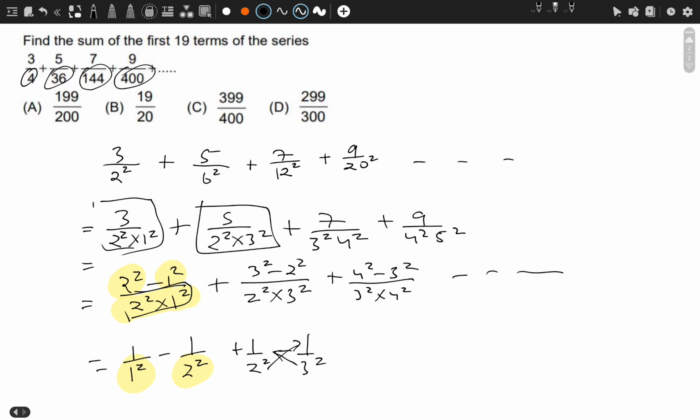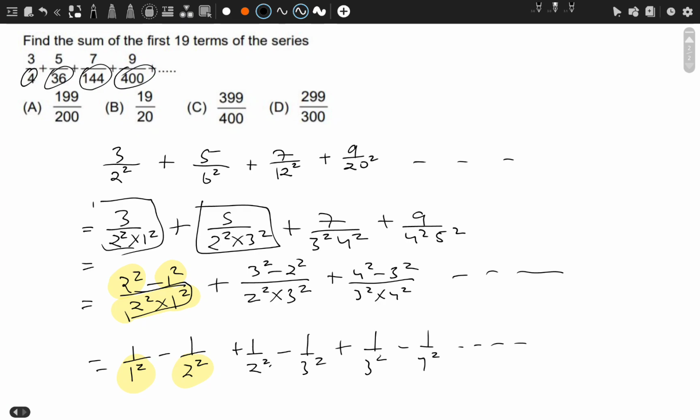So we have successfully broken down the terms. Now the terms will start cancelling out. This is plus 1 by 3 square minus 1 by 4 square, and it goes on.